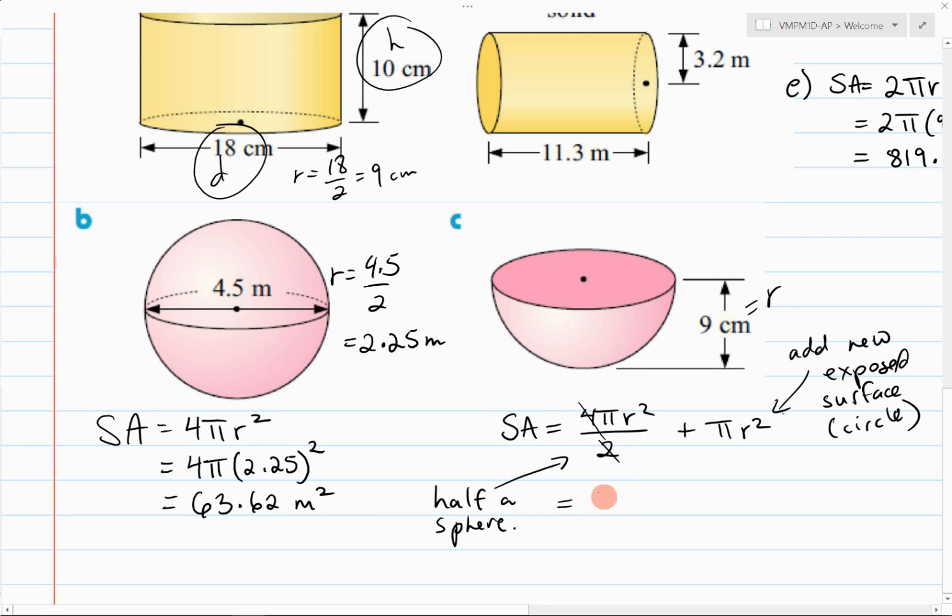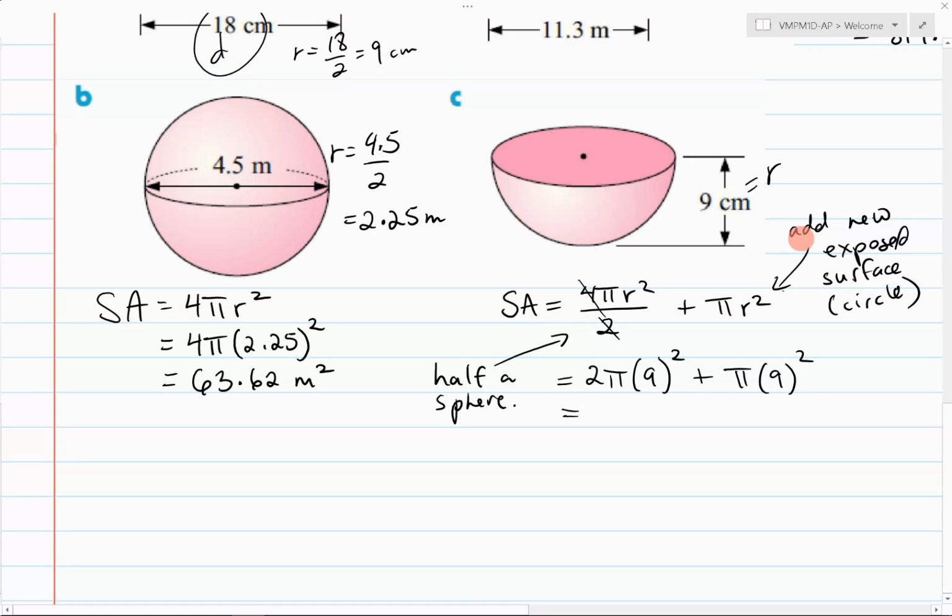So I have here 2 pi times r squared. So if r is 9, I have to square 9, plus pi times 9 squared again. And here I get an answer of 763.41 centimeters squared. Remember, squared units because this is surface area.